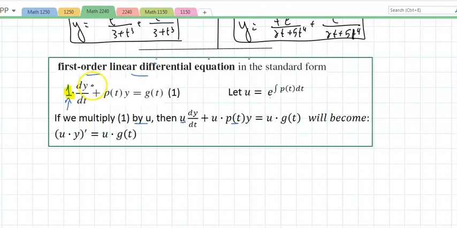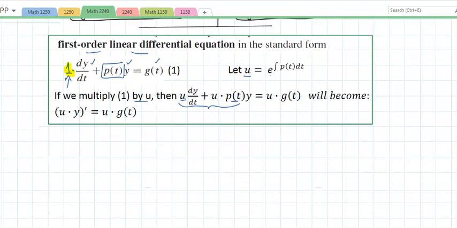If you have a derivative plus p of t times y equal to something on the other side, and you let u equal e to the integral of this p of t and multiply both sides by u, this would become the product rule, guaranteed. And therefore you could solve a problem that you couldn't solve before.